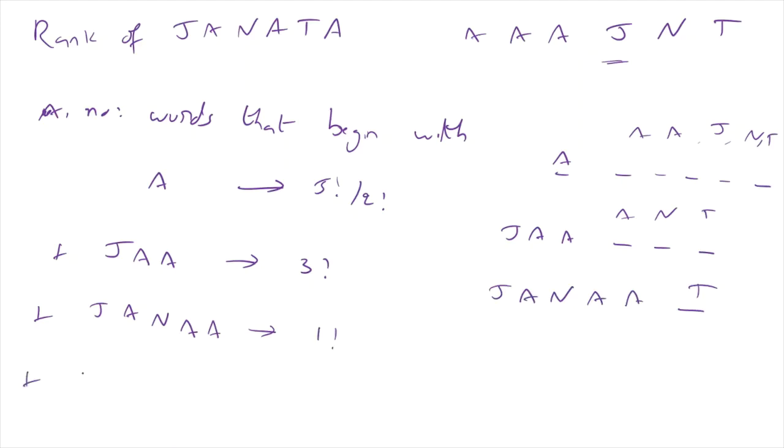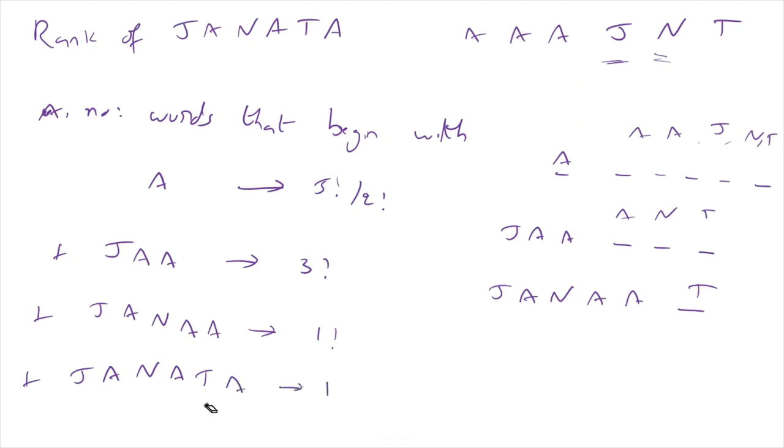Next, plus all the words that begin with JAN. After A, the next alphabetical letter is T, because I have used J and I have used N. So the next letter is T. I cannot count all the words that begin with JANAT, because JANATA starts with JANAT. I have to take one more letter, so which is going to be 1.